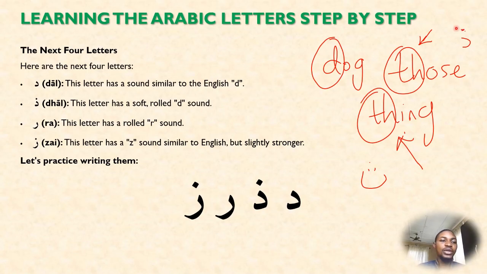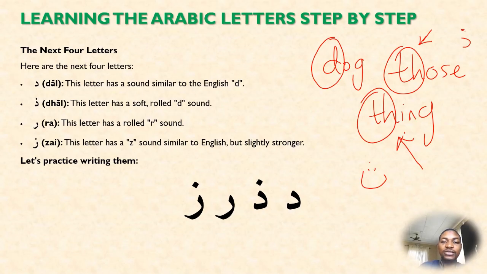So we have Dal, the first one here, then we have Thal. Then the third one we have Ra. Ra in English is similar to how the Americans would pronounce some double T words.